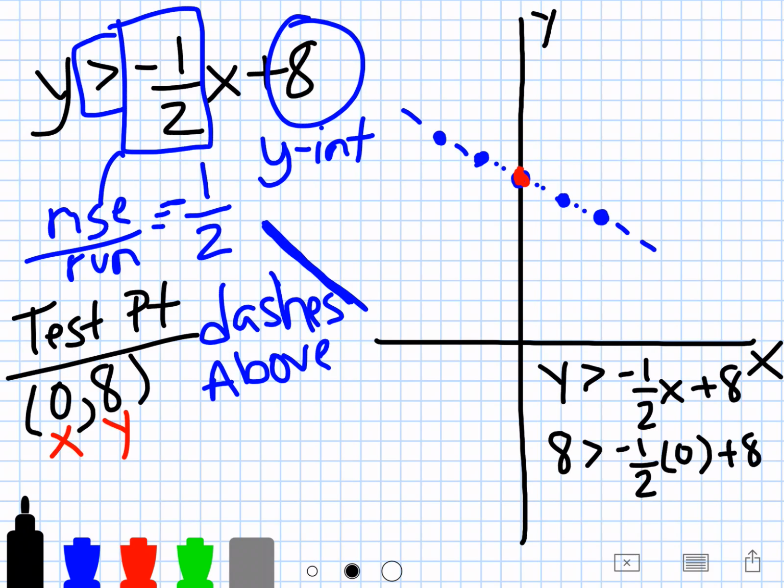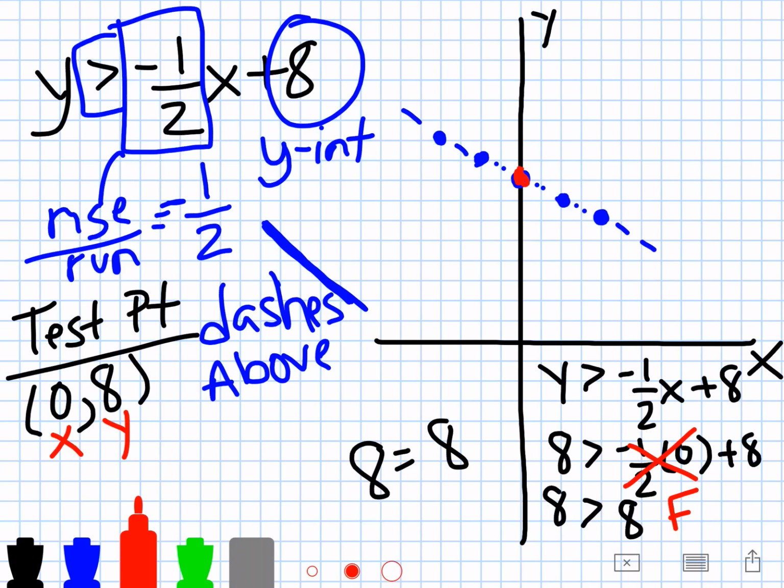Negative 1/2 times 0 is just 0, so that's going to cancel out. So now I'm left with 8 is greater than 8. Well, is that a true statement? Is 8 greater than 8? Well, no. 8 equals 8. So in this case, this is a false statement because 8 is not greater than 8.